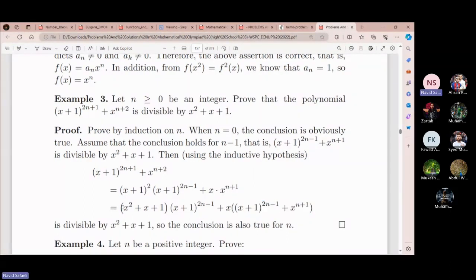Of course, this is divisible by x^2 plus x plus 1. And according to the induction hypothesis, this is also divisible by x^2 plus x plus 1. So we are done, right? Yes, sir. Okay, so this is one approach. Let me also generate another approach.